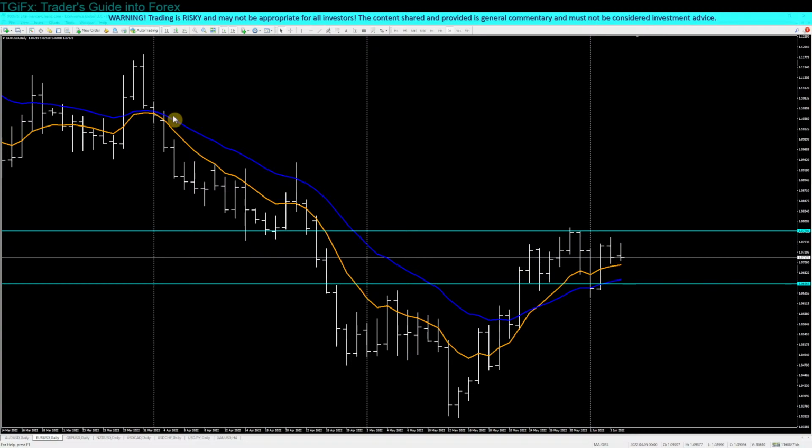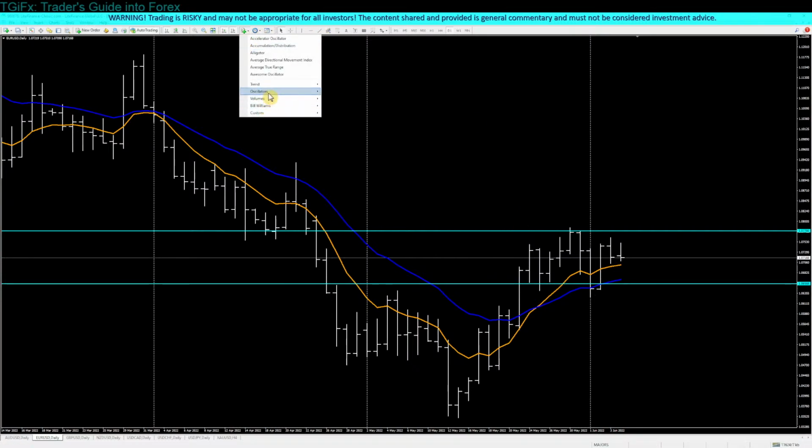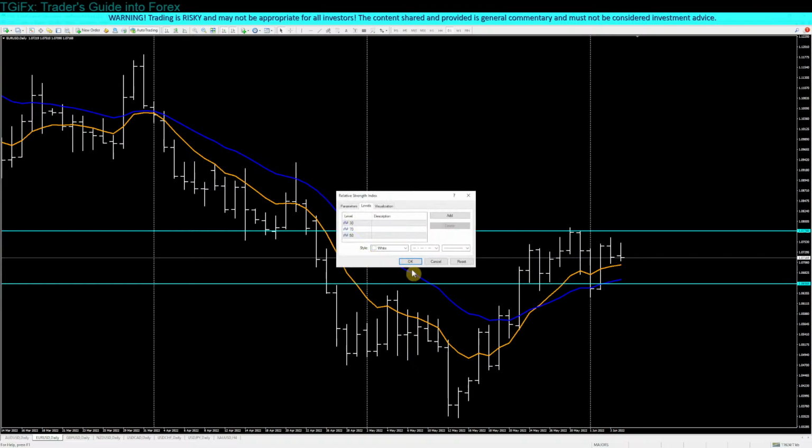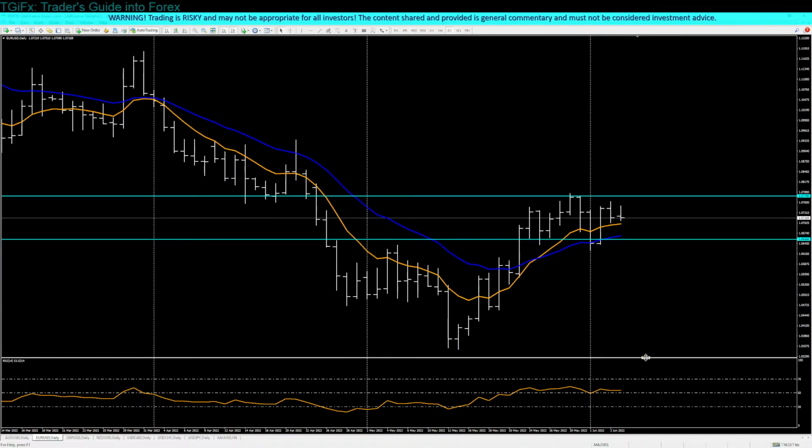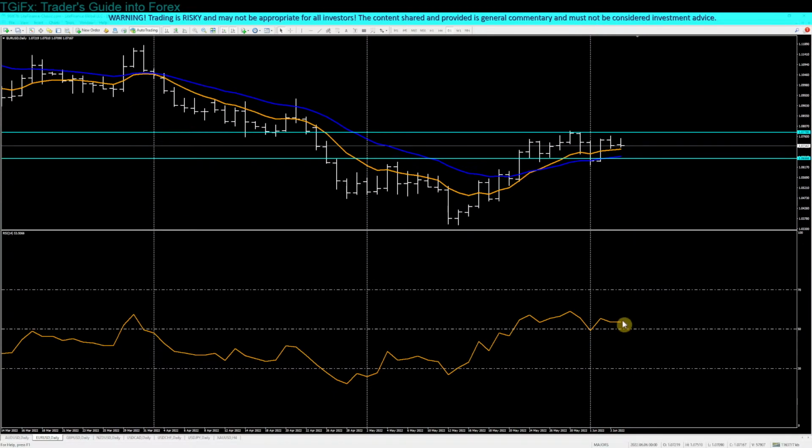So some indicators that you might want to use when you're anticipating a sideways moving market, definitely not the EMA. Depending on what you like, you can put RSI, where you are just watching for the overbought and the oversold level. So that means if the price reached that ceiling right there, you want to see the indicator at the overbought level as well. If the price is touching the floor, you want to see the indicator touching the oversold level.